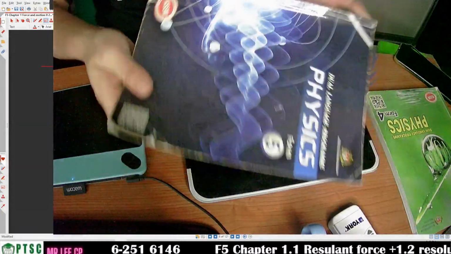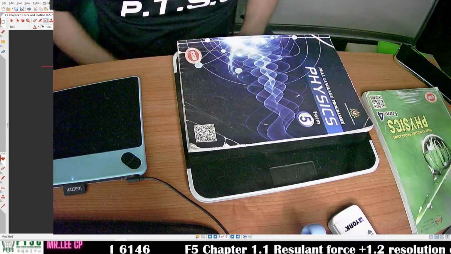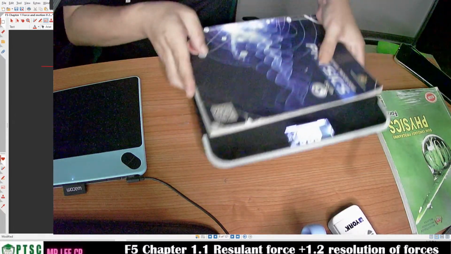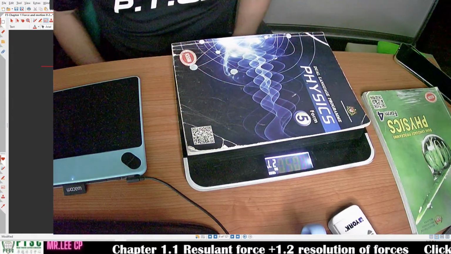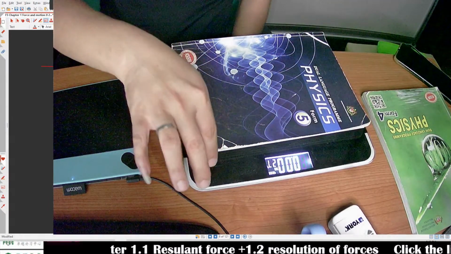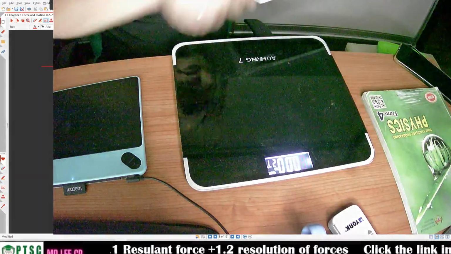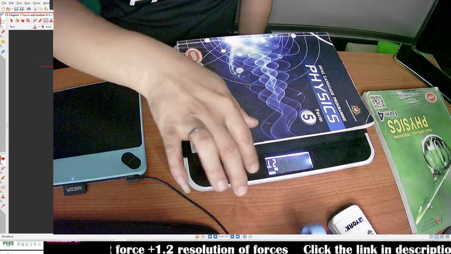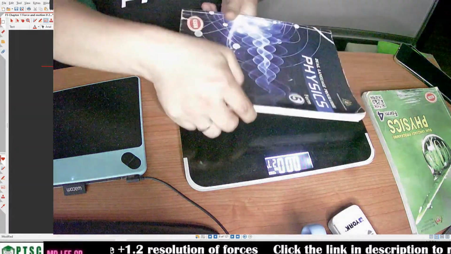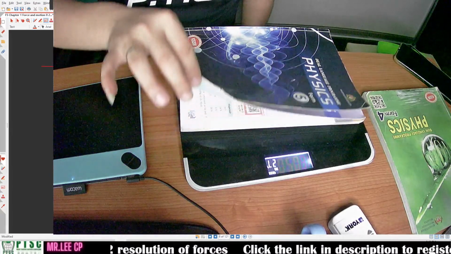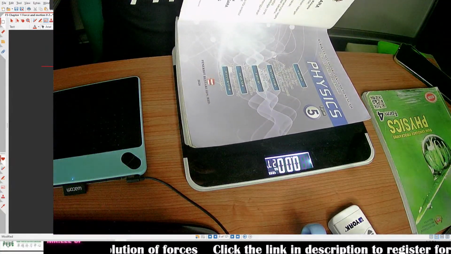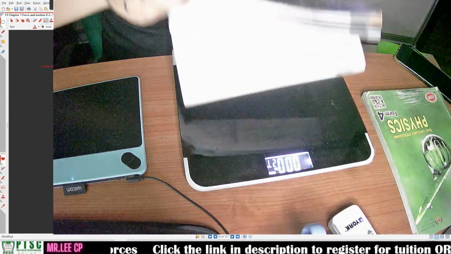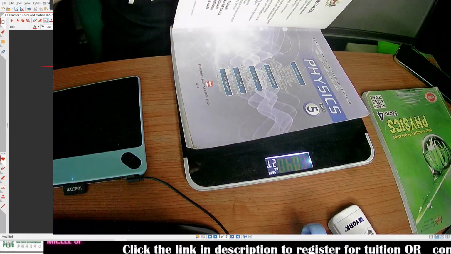What is the mass better? What is the mass of my physics book? 0.5 kg, right? Now, you see 0.5 kg. Now, if I got tension, help me to pull it up. Oh, this one's 0. Okay, I put it down.